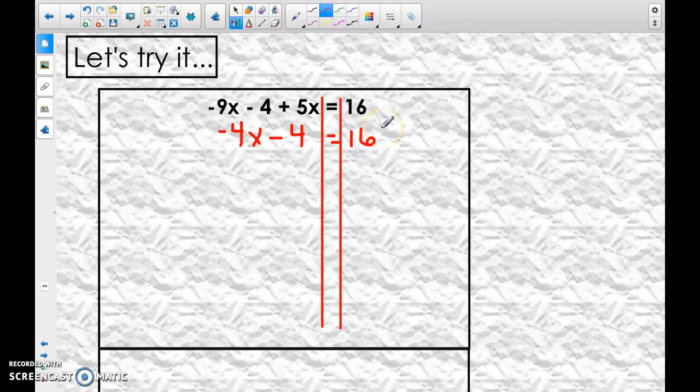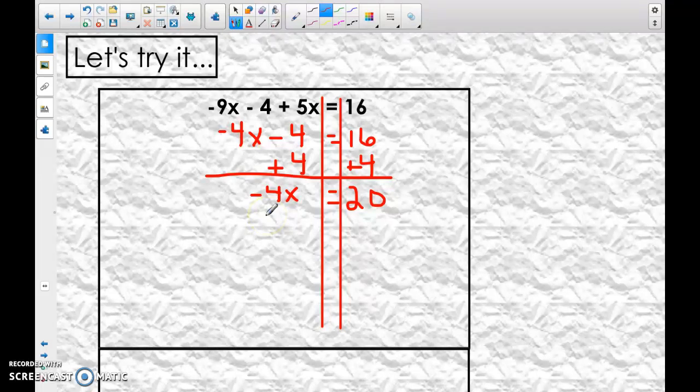Our first step is simplifying. Now we look at our problem, and we notice again we have a two-step equation. So let's get rid of this minus 4 using SADMEP. So we'll add 4. Now we'll see on the left-hand side, all we're left with is negative 4x. And on the right-hand side, we are left with 20.